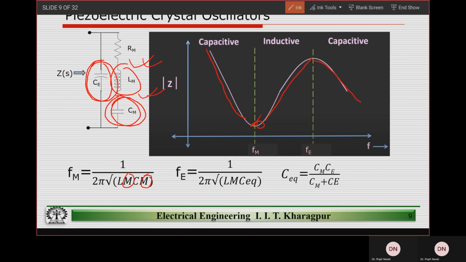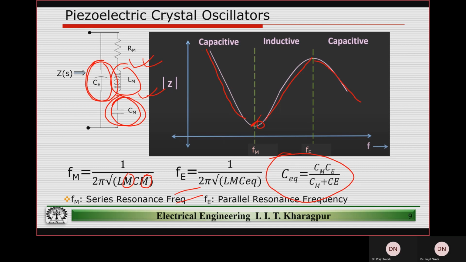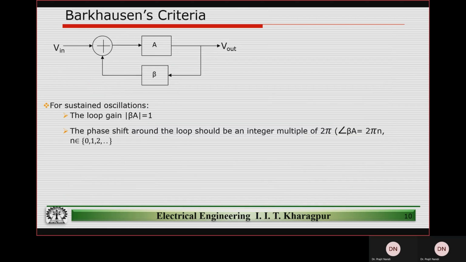The second resonant frequency, also known as the parallel resonant frequency, occurs at a much higher frequency, given by the equivalent C, which is CM in parallel with CE, right? So this is the impedance behavior. As I mentioned, the lower frequency resonance we call series resonance, and the higher frequency resonance we call parallel resonance, right?